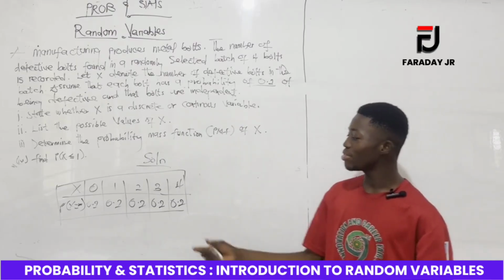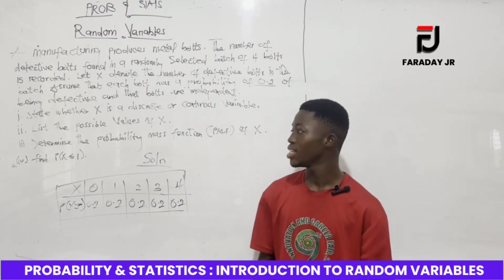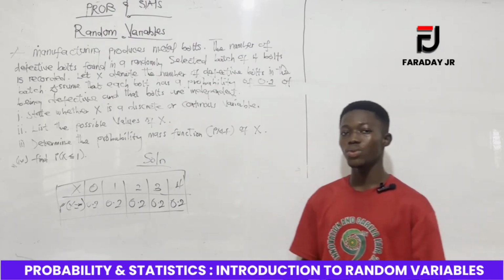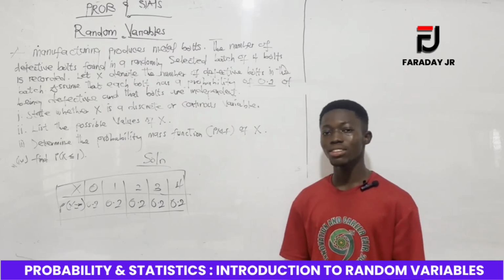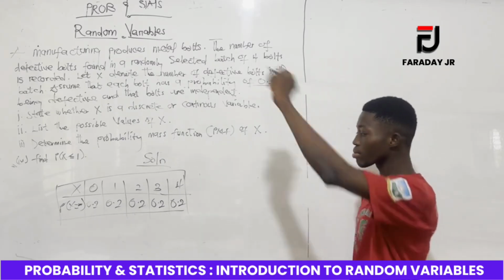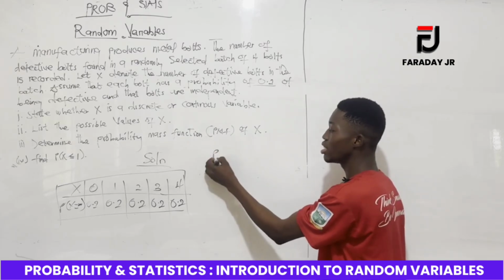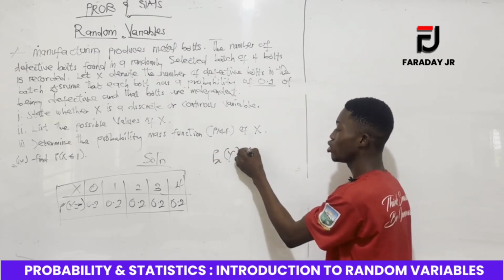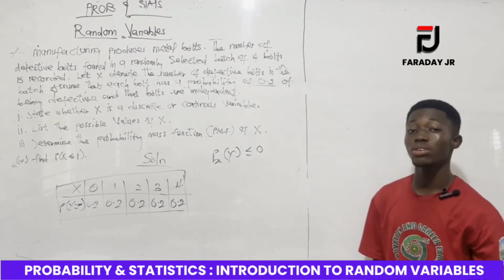So this is the solution for III. But let's verify if we are actually correct. In our previous video we discussed the definitions of a PMF. We said that for a PMF, the probability of x should be greater than or equal to 0 for all values of x.